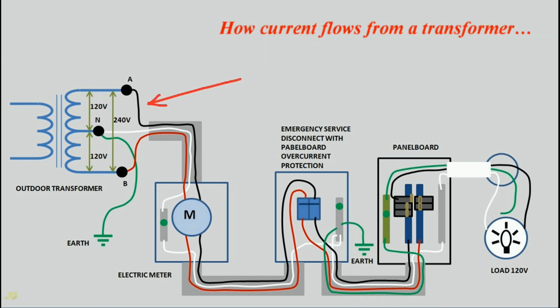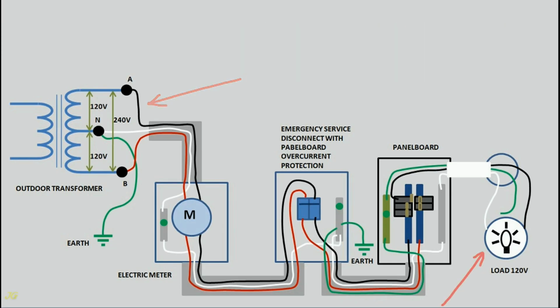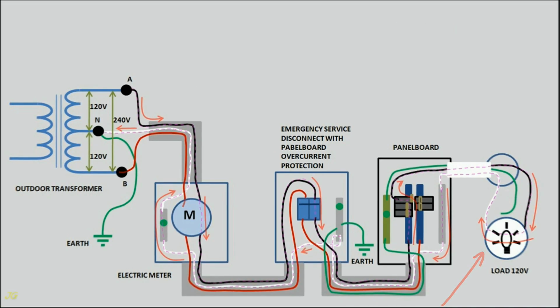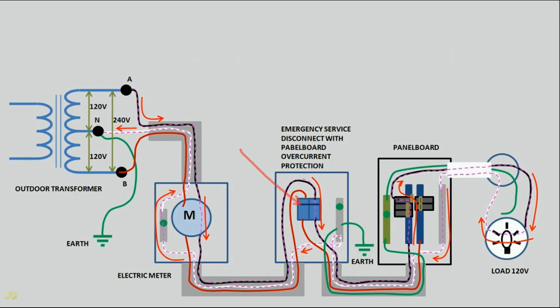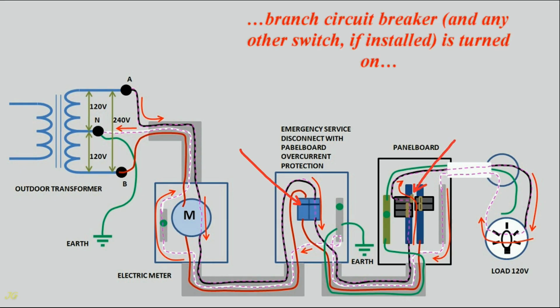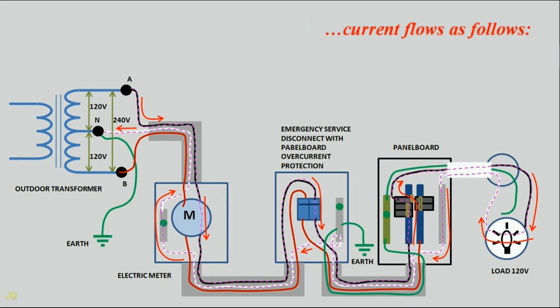How does current flow from a transformer through a connected 120 volts load? Sketch of the current path from the panel board power transformer to the 120 volts branch circuit load. When the service disconnect, branch circuit breaker, and any other switch, if installed, is turned on, current flows as follows.